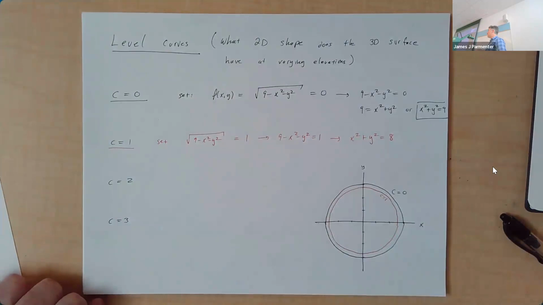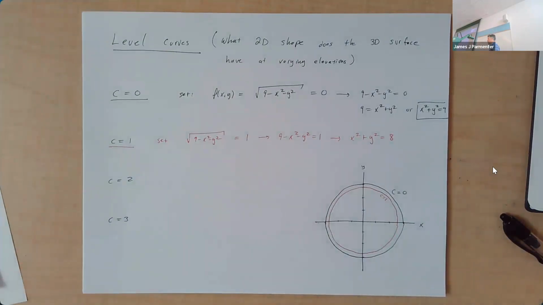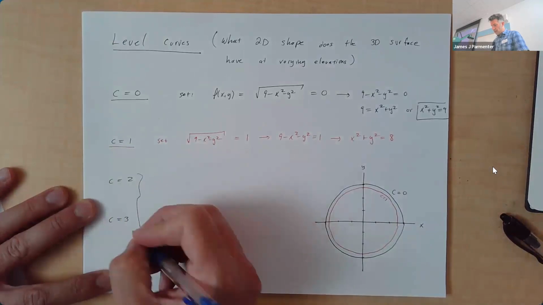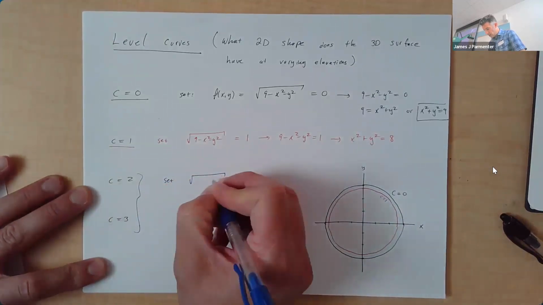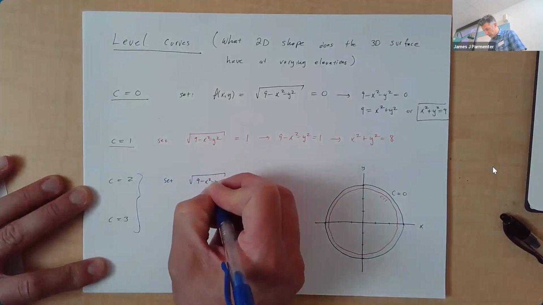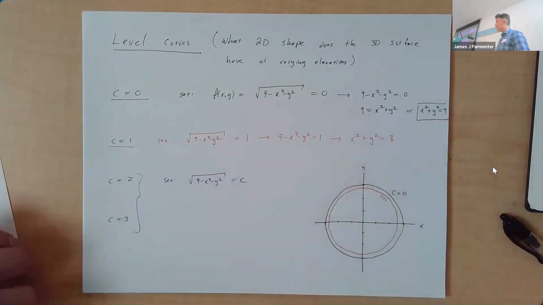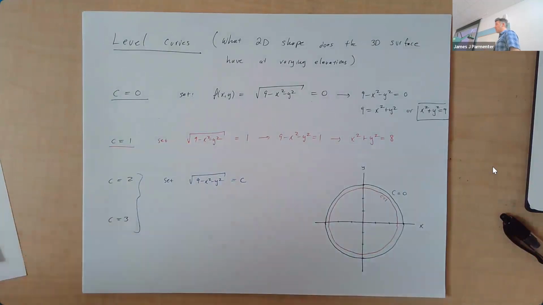Okay, so now instead of doing this every time where you just keep plugging in a new value for c and solving until you get x squared plus y squared equal to something, here's what people actually like to do. Let's just set the square root of 9 minus x squared minus y squared equal to c, and then solve in the same sort of way.